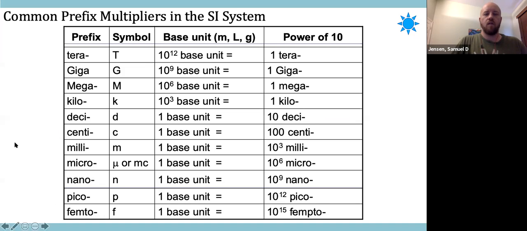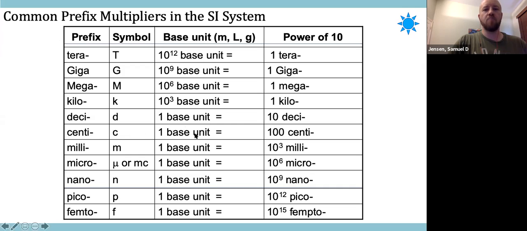This is the slide that you would need to have memorized. Right here in the center you're seeing the prefix centi. So 100 centimeters is equal to 1 meter.